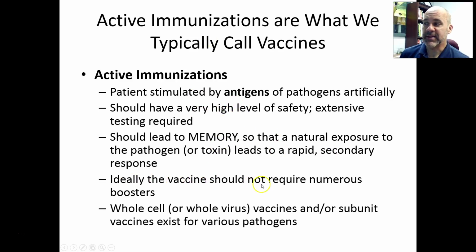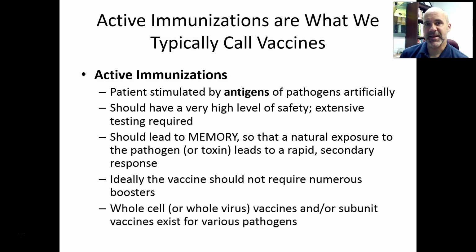An ideal vaccine would not require numerous boosters. So you guys know how some vaccinations require that you go back more than once and get a repeat follow-up. Those are called booster shots. Ideally, a vaccine doesn't require that, but it just depends on the nature of the vaccination. We're getting ready to talk about some of the different types of vaccines that are available.